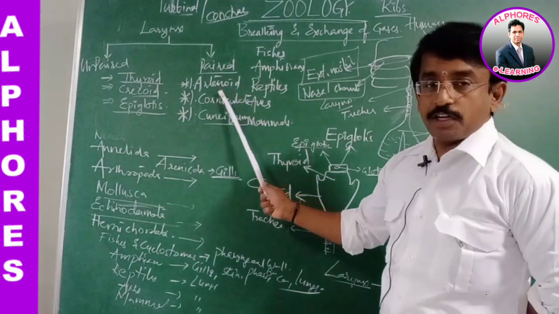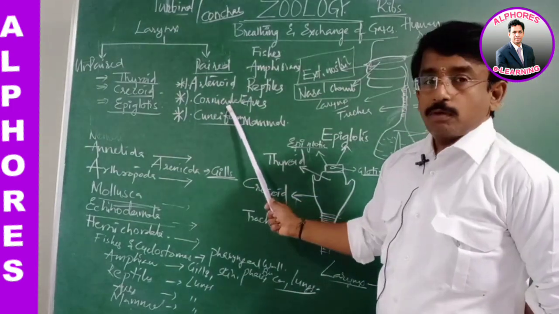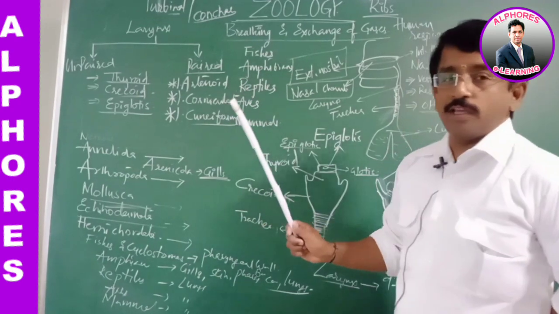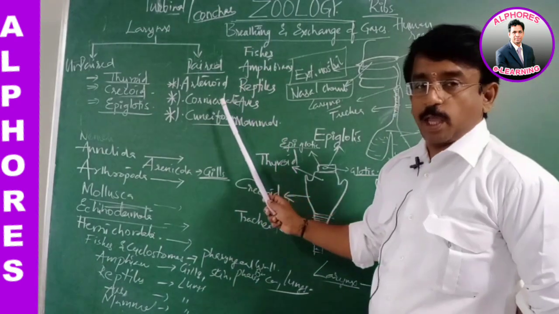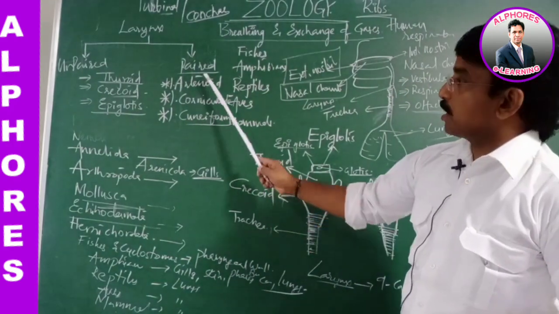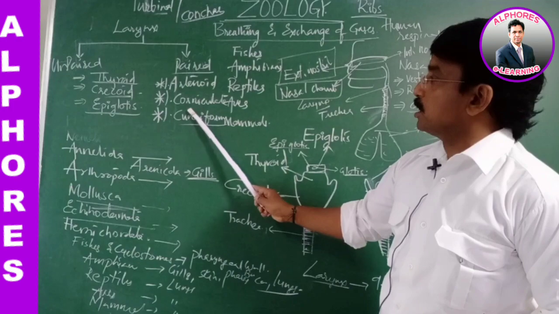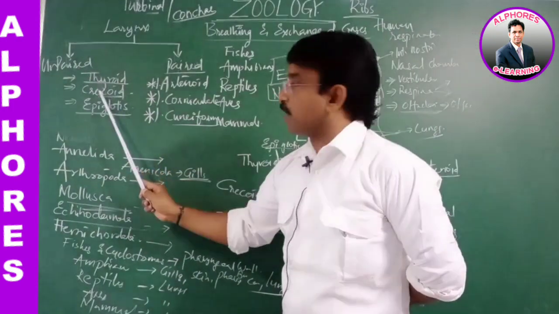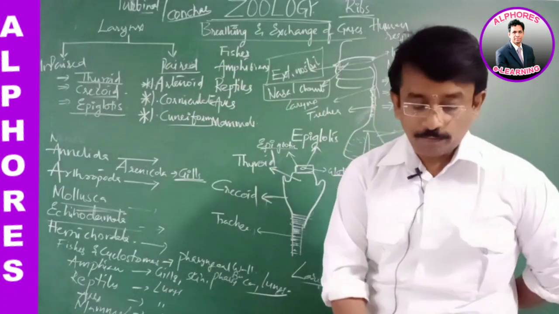Paired include the arytenoid, corniculate, or the Santorini plates, and cuneiform, whereas unpaired are thyroid, cricoid, and epiglottis.